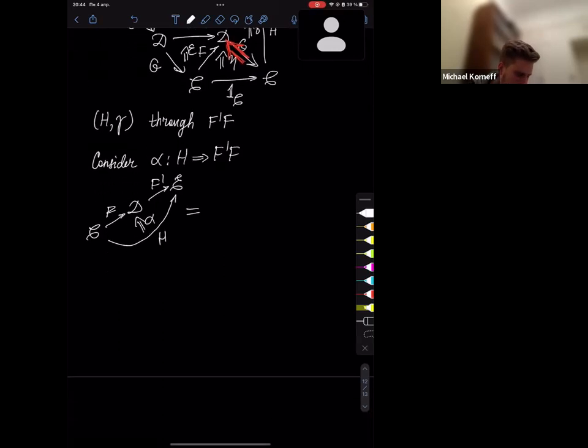And now we can add some trivial two cells.